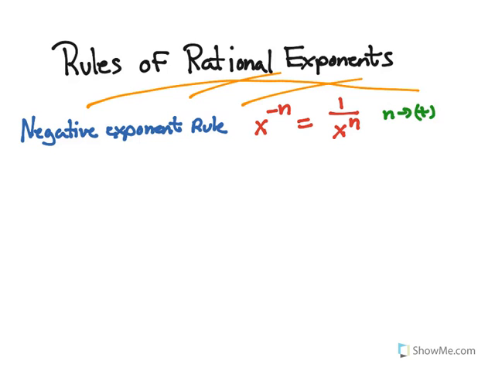That means the exponent n turns into a positive number. So that's the equivalency of any base raised to a negative exponent. You can write it as that, or you could enter it on your calculator as 1 over x to the positive n power. It's equivalent. So that's the first rule.